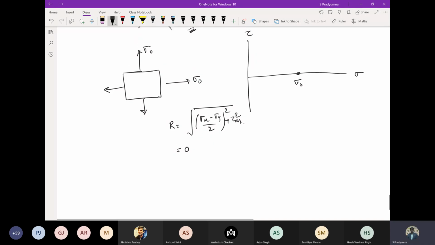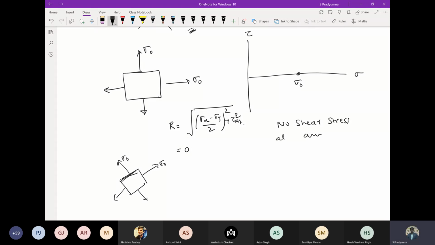Now, what will happen if I rotate this by 45 degrees? What is the state of stress then? It will again be sigma naught and sigma naught. So that means you don't have shear stress at any direction.